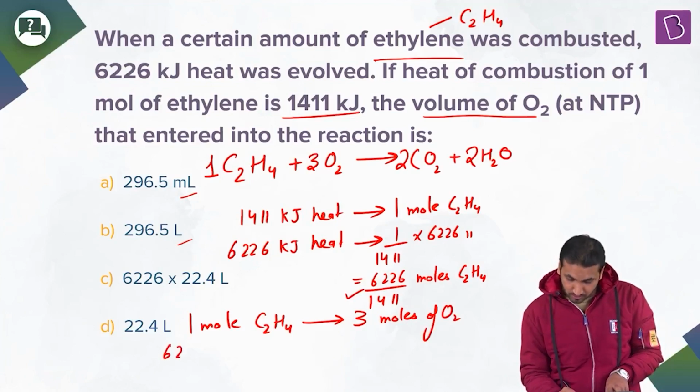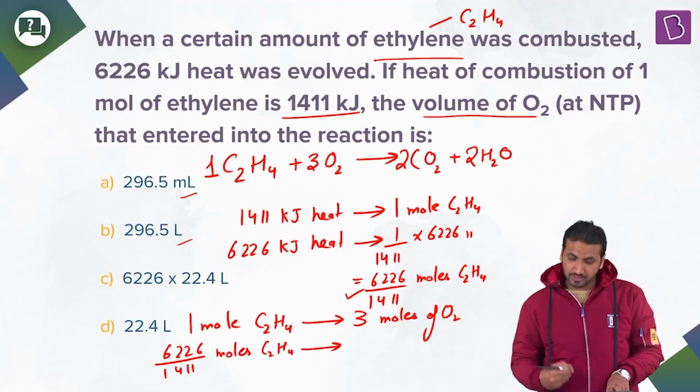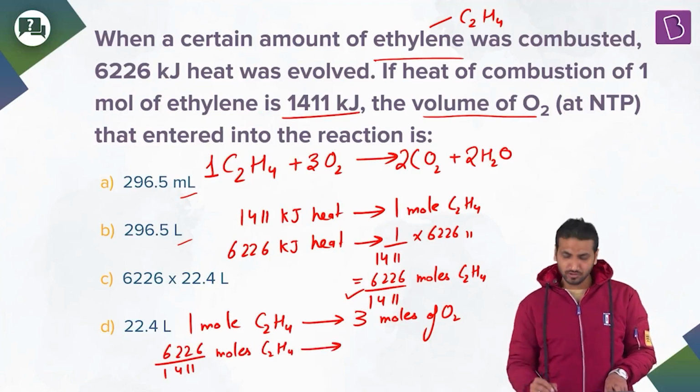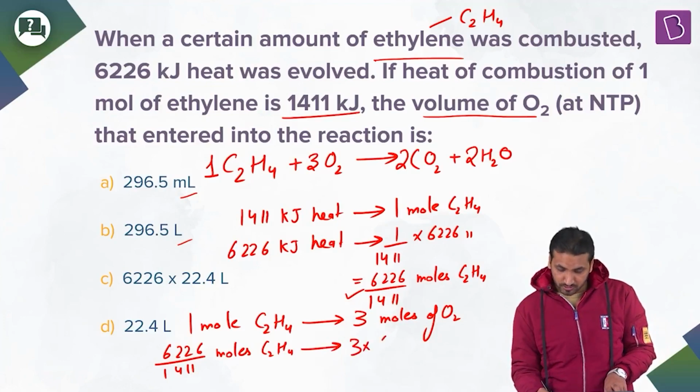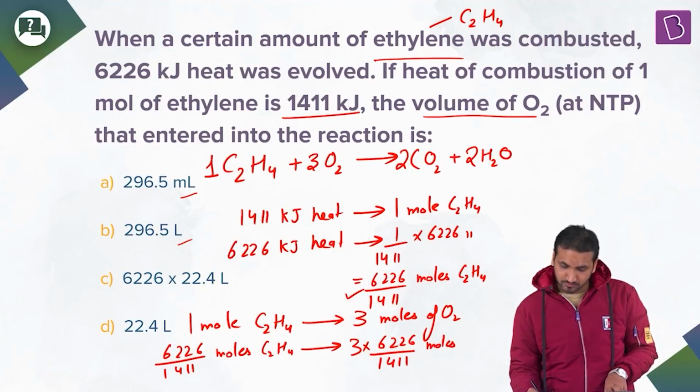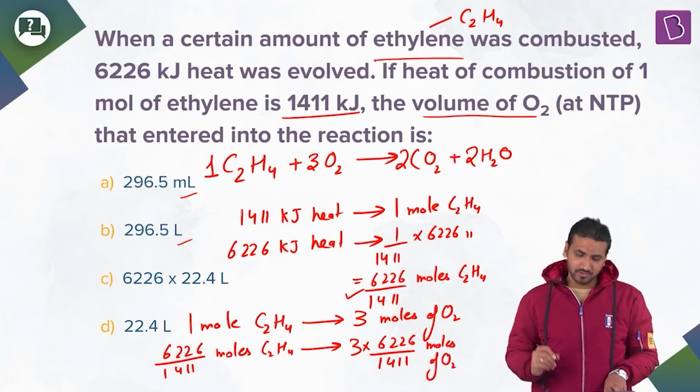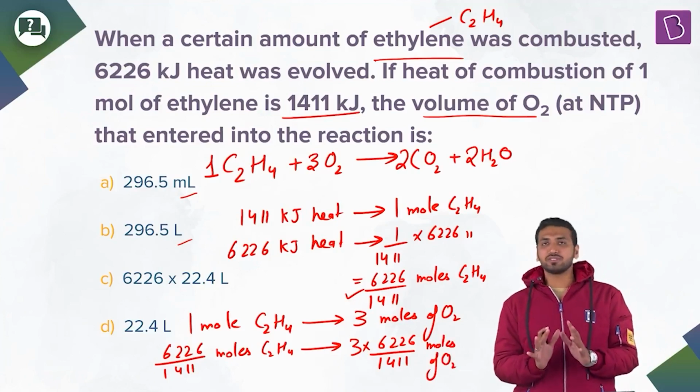It will be 6226 upon 1411 moles of ethylene going to react with, multiply by 3, unitary method, 3 into 6226 upon 1411 moles of oxygen, right? Now I have the moles of oxygen.